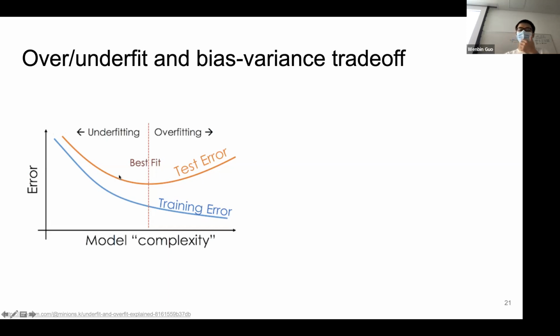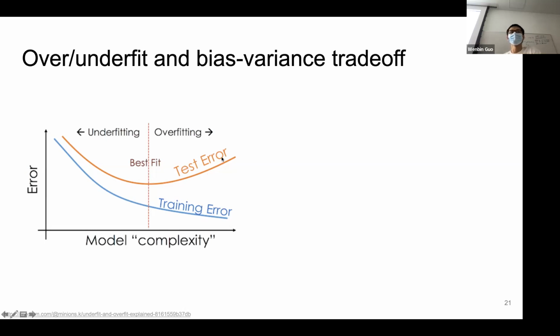But at some point, for example, when your data doesn't support the more complicated models, your training error still goes down, which means your model can overfit the training data, but your testing error goes up.